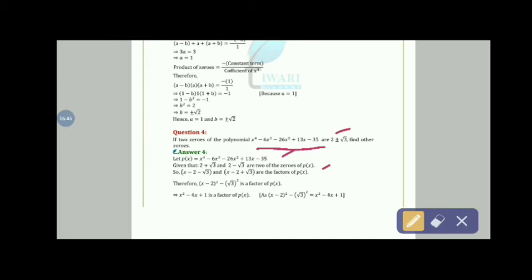Therefore x minus 2 whole square minus root 3 whole square is a factor of p(x). So x minus 2 whole square minus root 3 square is equal to x square minus 4x plus 1, which is a factor of p(x). Okay, this is question number 4.